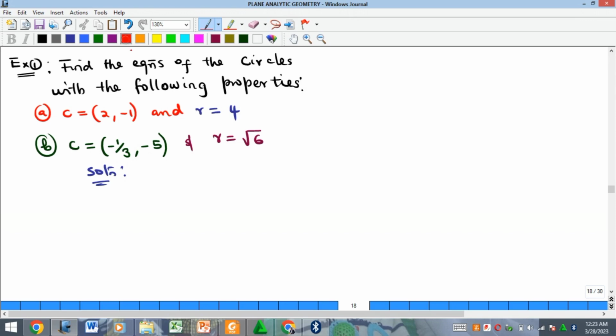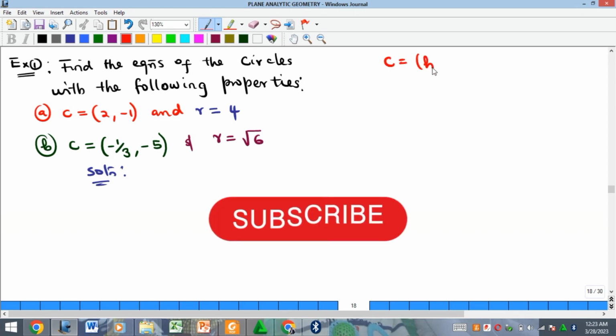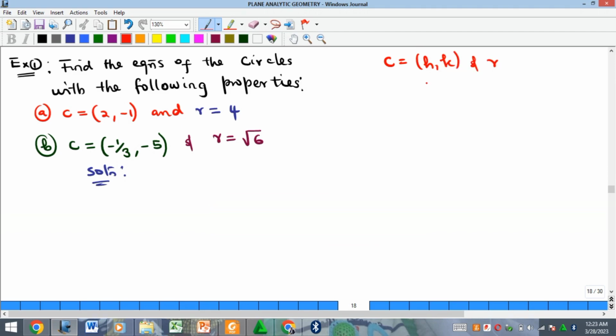My name is Precious. So in this video we want to have some examples of problems under equation of circles. You recall that we said that if you are given the center of a circle as (h, k) and the radius as r, then the standard equation of a circle is (x minus h) all squared plus (y minus k) all squared equals the square of the radius.